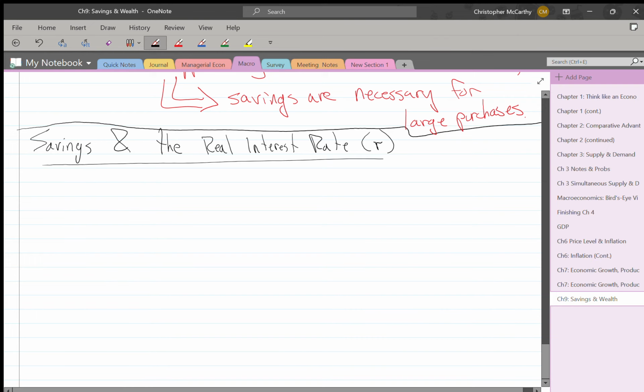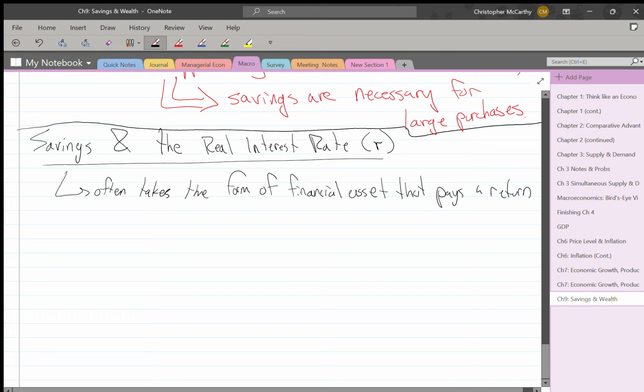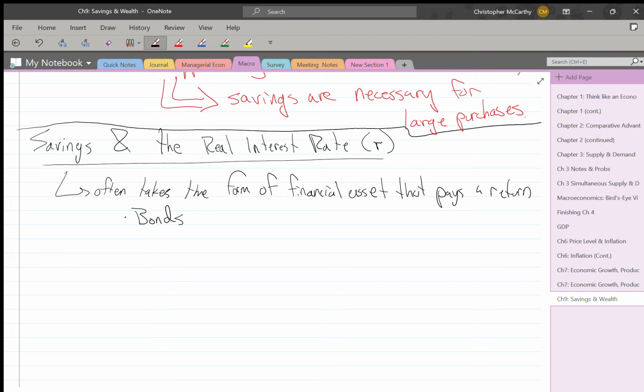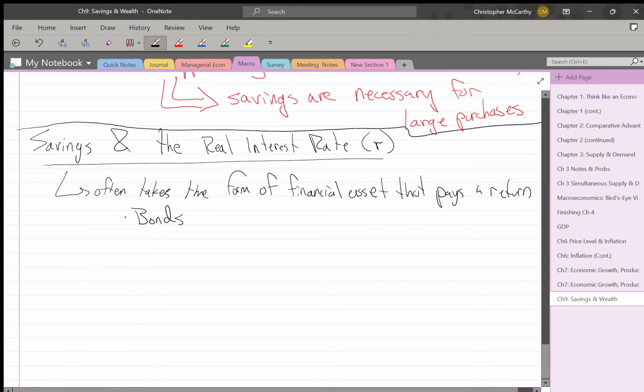Savings often takes the form of a financial asset that pays a return. So this could be a bond. You might get a municipal bond from the city of Ch9. People bought bonds for the math and science building. They bought bonds, so they invested in that, and over time, Ch9 will pay them back for that investment.